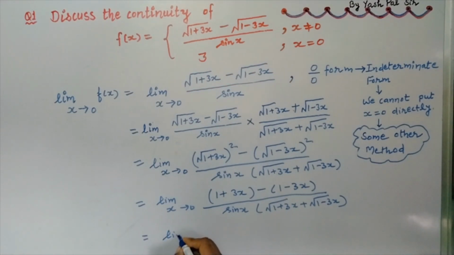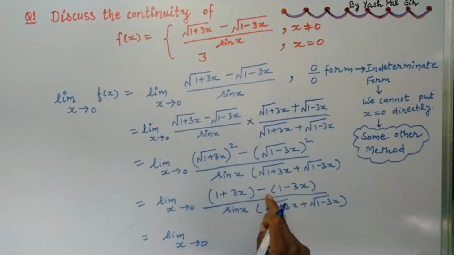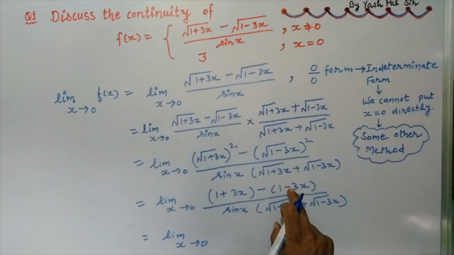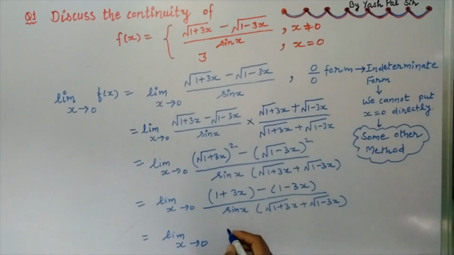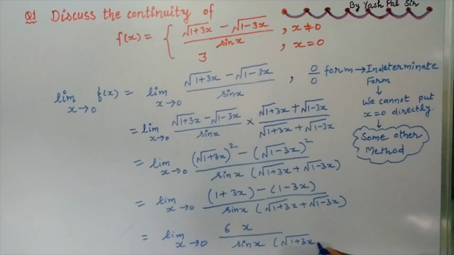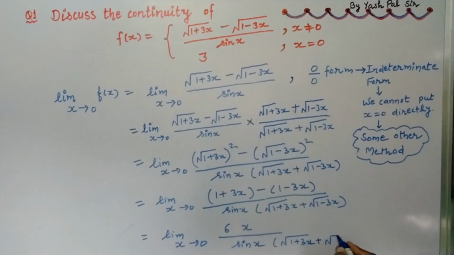Next we have limit x approaches to 0, 1 plus 1 minus cancelled, plus 3x, minus and minus plus 3x. 3x plus 3x is 6x. Denominator is sin of x into square root of 1 plus 3x plus square root of 1 minus 3x.